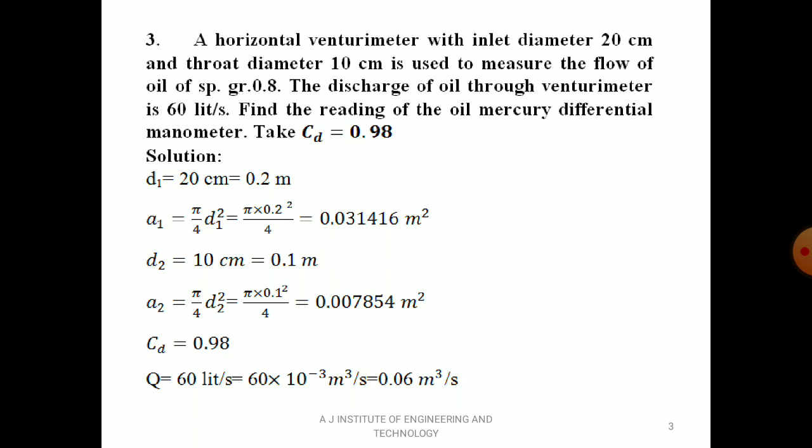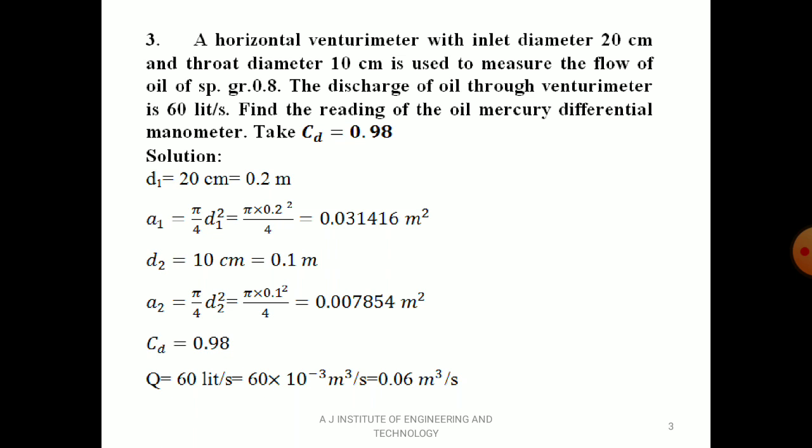The discharge of oil through the venturi meter is 60 liter per second. That is the Q value. It is given as 60 liter per second, to convert to meter cube per second, 60 into 10 to the power minus 3. Find the reading of the oil mercury differential manometer. So you are supposed to find the X value in this problem, taking CD equal to 0.98.